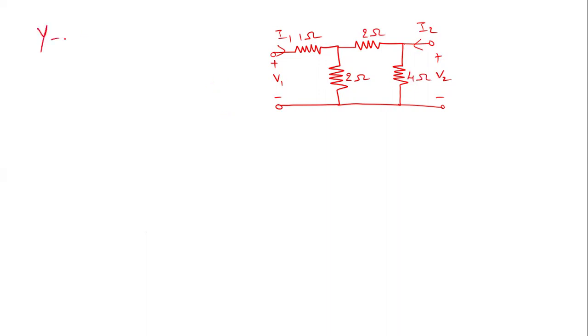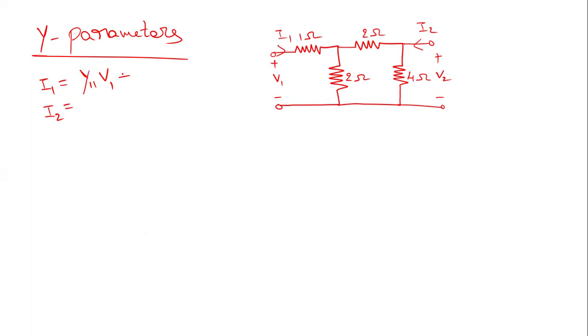To find Y parameters, first we need to write the parameter equations. I1, I2 are dependent variables: I1 is Y11 V1 plus Y12 V2, and I2 is Y21 V1 plus Y22 V2.